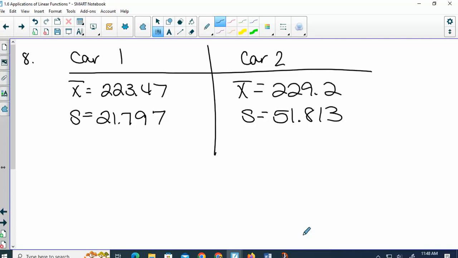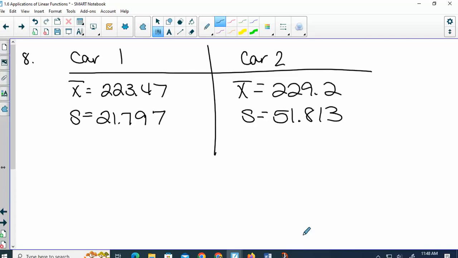What do you notice when you look at the standard deviations? Yeah. The first car has a standard deviation that's less than half of the second. What does standard deviation tell us? It's more regular, more consistent. It tells us how spread out the data is.